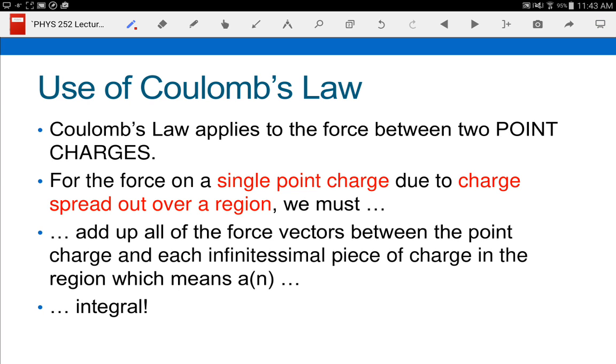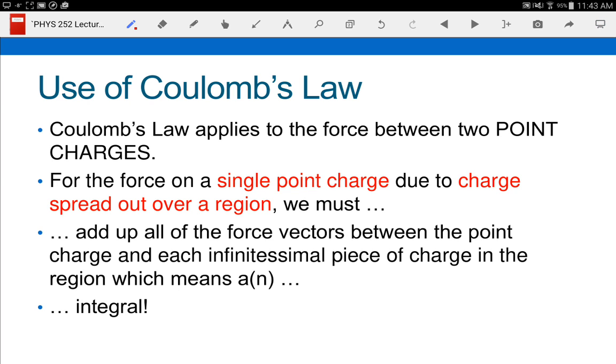Okay, so let's suppose I want to find the force between this globe that has charge spread out over the surface and some charge just on the corner here. Well, I can't conceivably just say all the charge is at the center, because this isn't uniform.